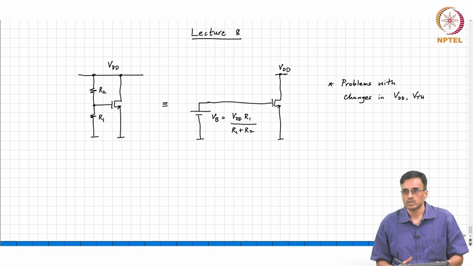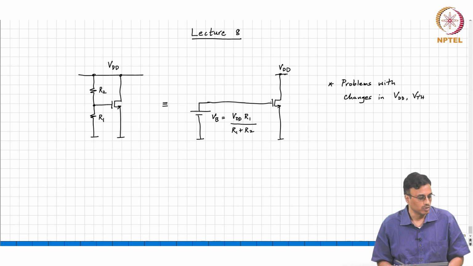Okay. So, this therefore is problematic in practice. And we saw last time that this can make the current either much too large or much too small. Again, that depends on the change in the threshold voltage.